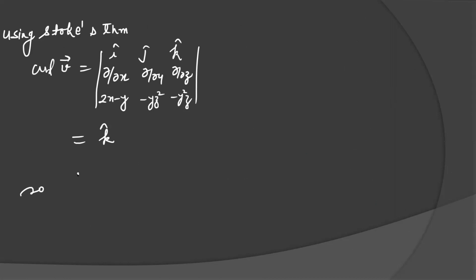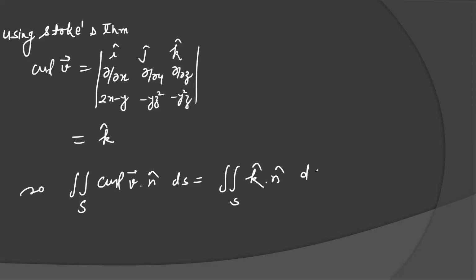So in Stokes theorem, the integral of curl v cap dot n cap ds becomes k cap dot n cap ds. Now it's up to you which axis you want to take the projection on. The projection is given in the xy plane, so we take ds as dx dy over n cap dot k cap.